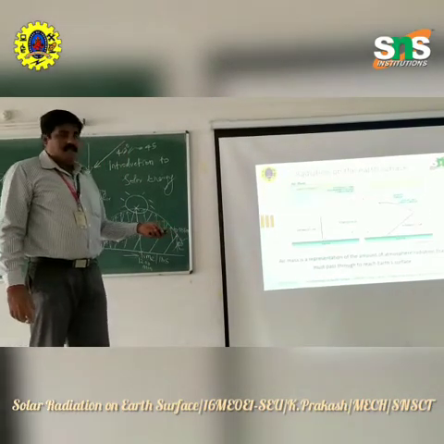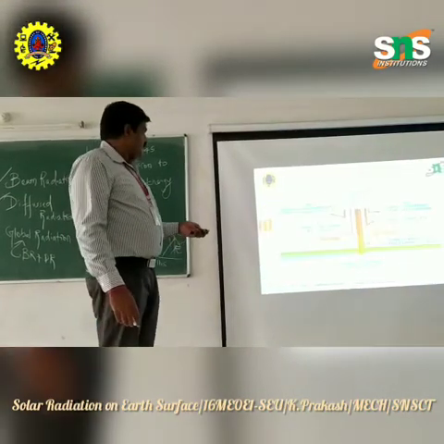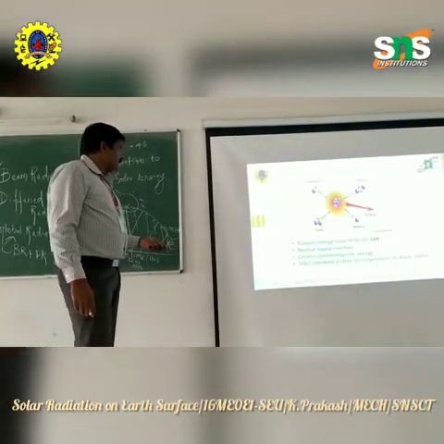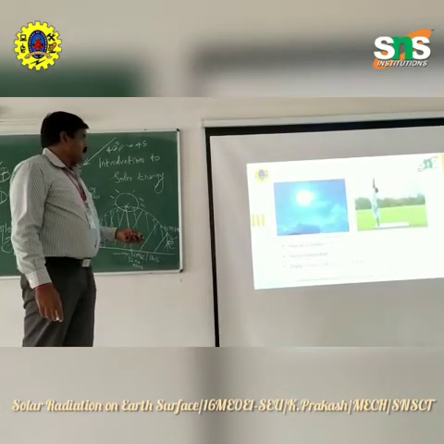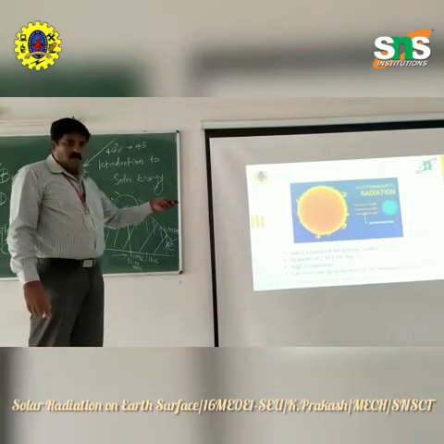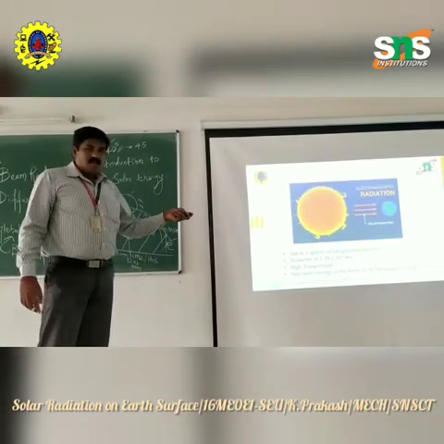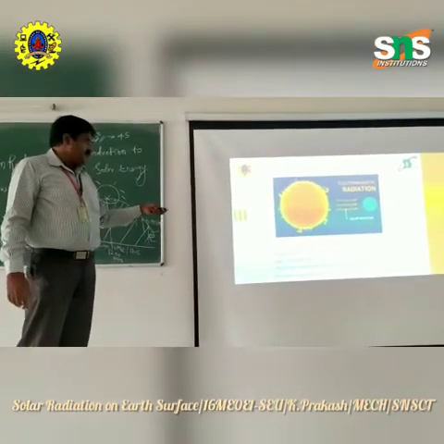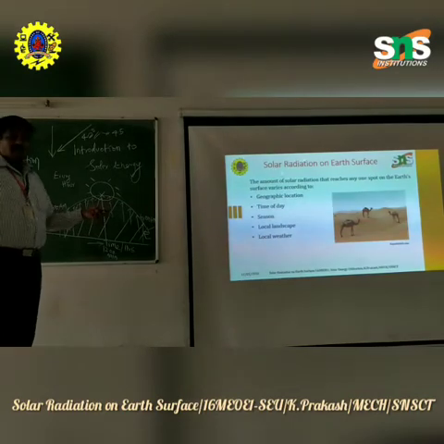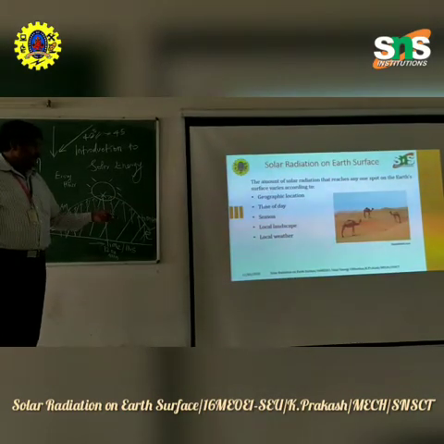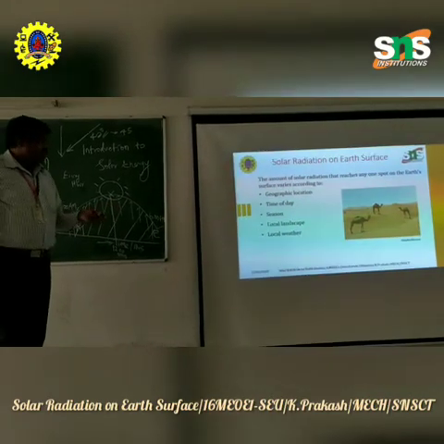Before concluding, we have a small recap from the previous sessions. What we have discussed from the beginning: first we discussed the sun as the source of energy. Then we discussed the factors influencing solar radiation at the earth surface.